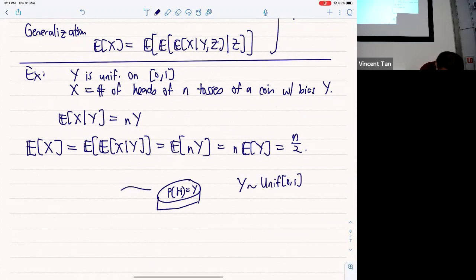Now you're going to toss this coin n times. How many heads do you expect to get? Before you toss, the bias is determined by a computer, and it's a random number from 0 to 1. After the bias has been determined, you're going to toss the coin n times. On average, you're going to get n over 2 heads, which is like an average of an average.